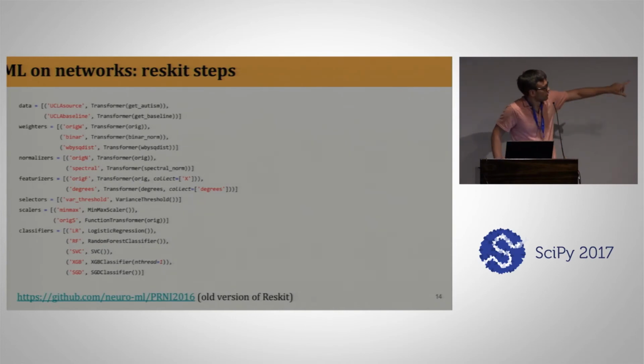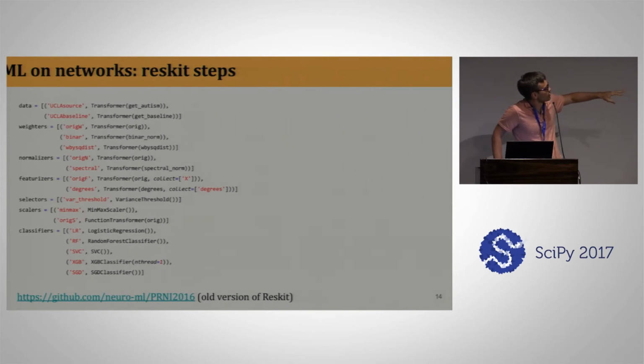You define data loaders, you define waiters, so it's the second step. You define normalizers. Essentially it's like two combinations of normalizers. I mean, it could be done in one step. We did it just because it was easier for us to analyze it.